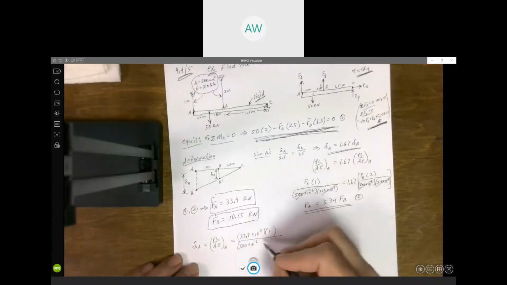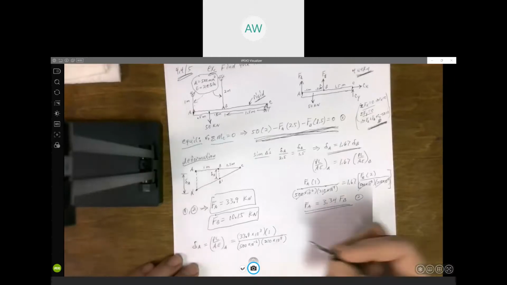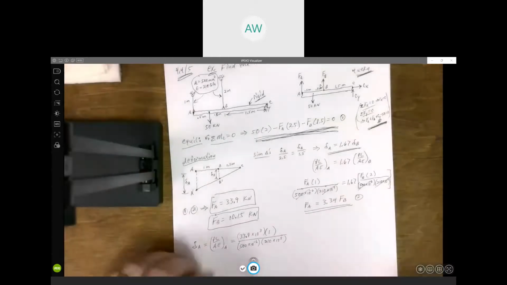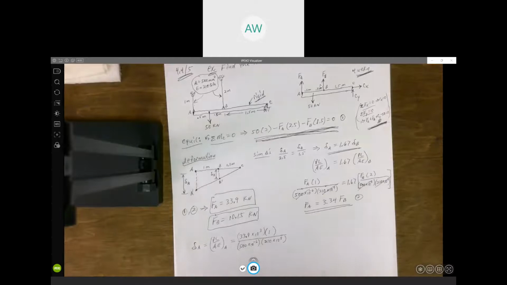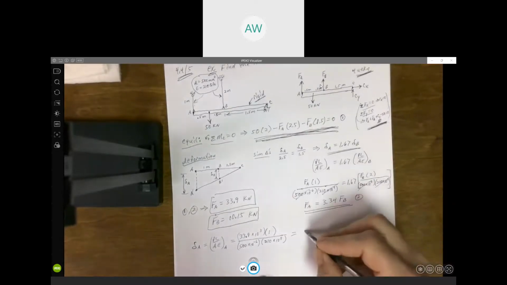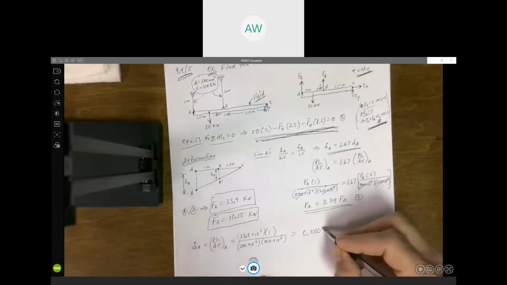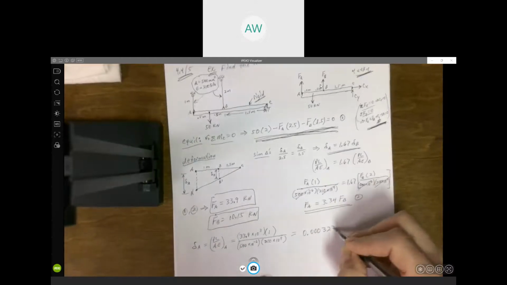That gives me meters squared. And then E is 210 times 10 to the ninth. Again, when you're doing SI units, if everything's in newtons and meters, you should come out good. And this is going to come out in meters. And we get something really small, 0.000323 meters.